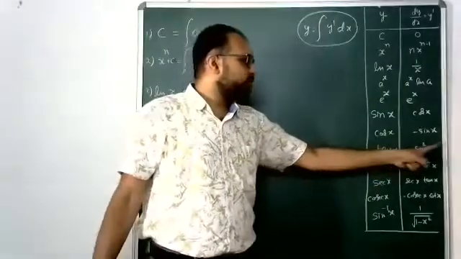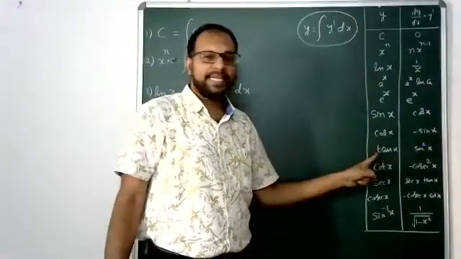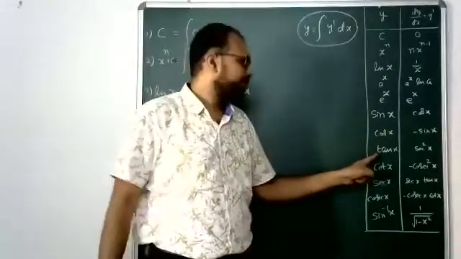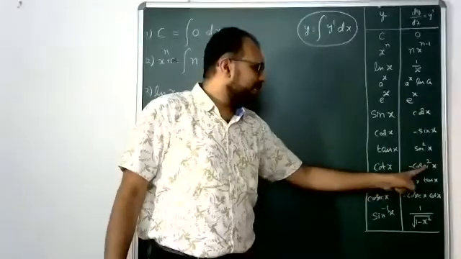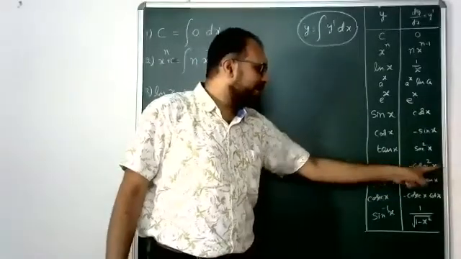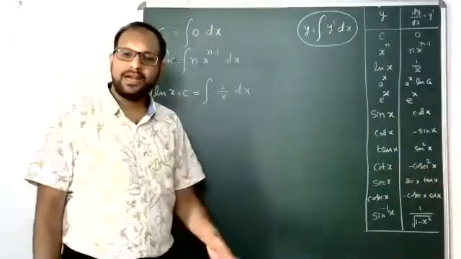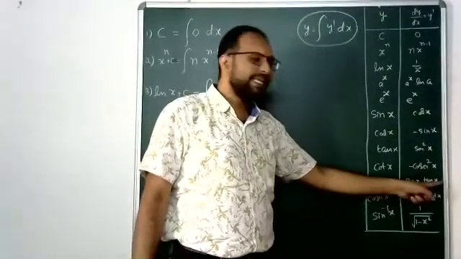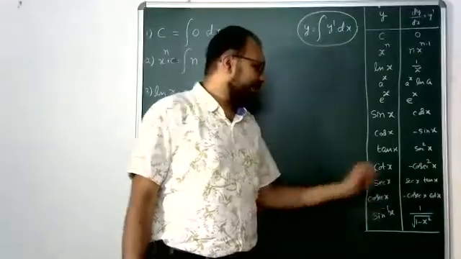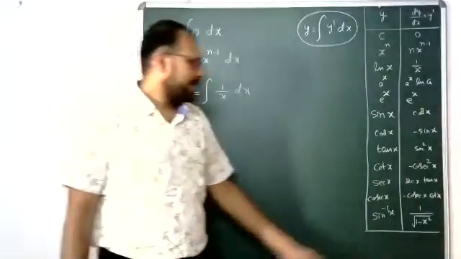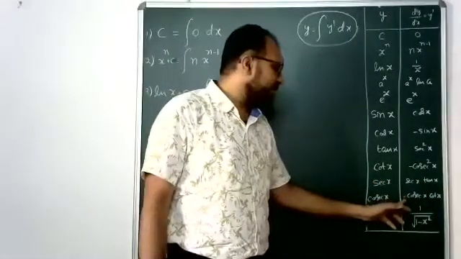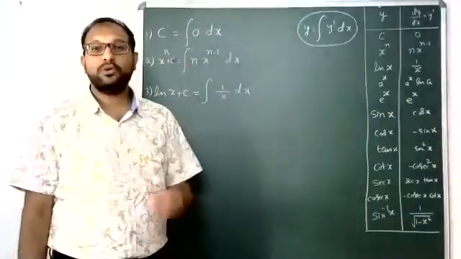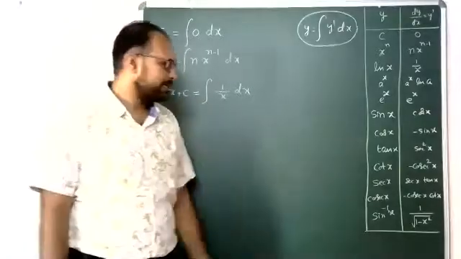Integral of secant square dx, tan x, plus constant; in all integrals, plus constant is there. Integral of minus cosecant square x dx, cot x plus constant. Integral of secant x tan x dx, secant x plus constant. Similarly, integral of minus cosecant x cot x dx, cosecant x plus constant.